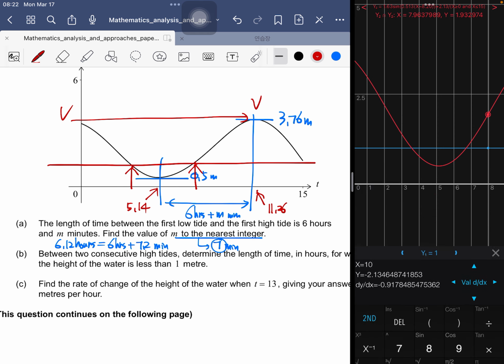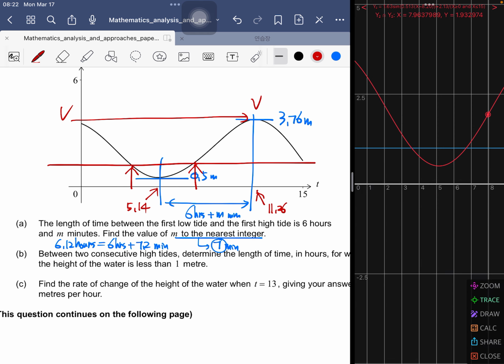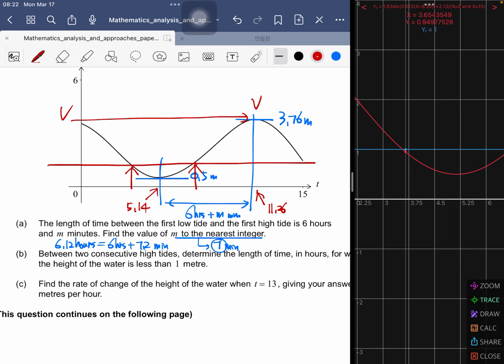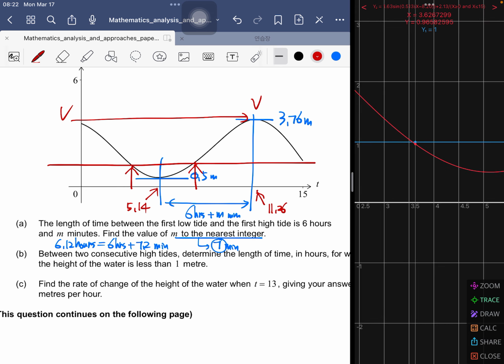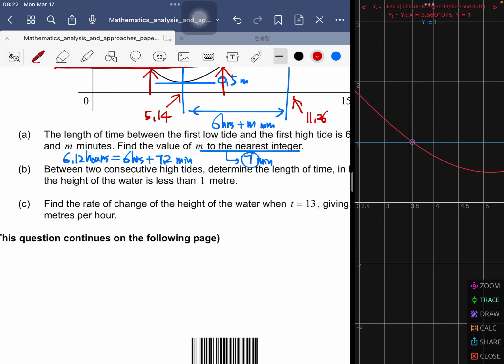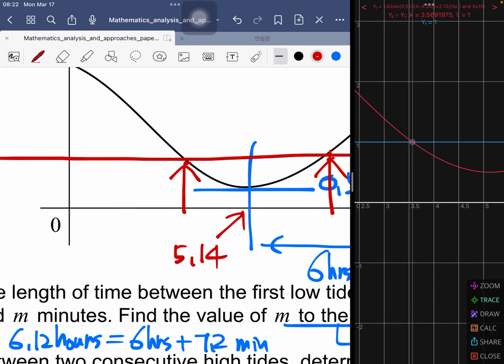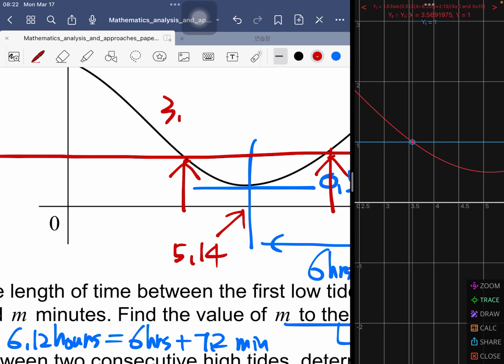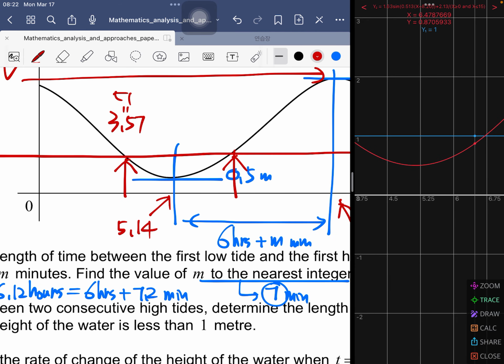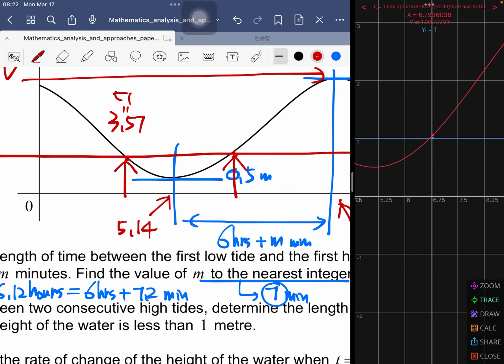Okay, now calculate. So trace over here, find the x value, the x intercept. So x is equal to 3.57. So x1 over here is 3.57, so t1. And t2 is 6.71.